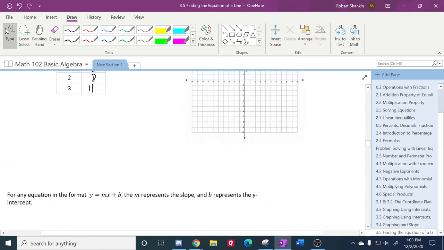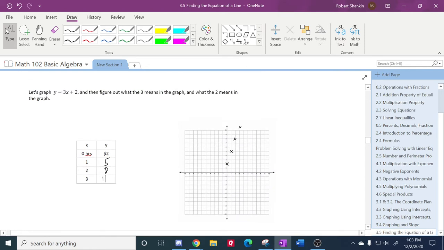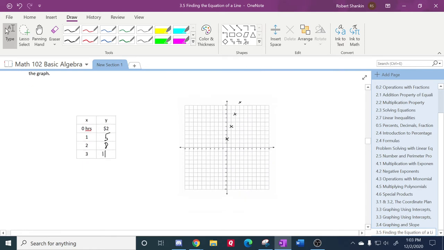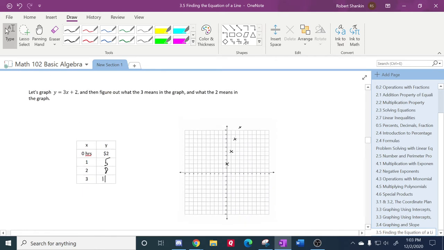So then we have this question. What does the 2 mean in terms of the graph? And what does the 3 mean in terms of the graph? So, discuss that in your groups real quick. I'm going to ask a group in a minute.